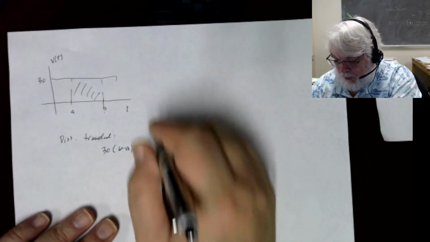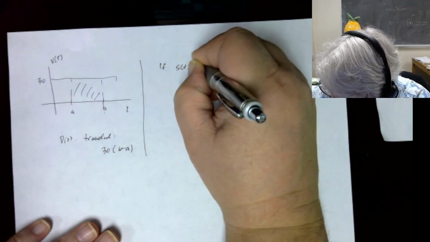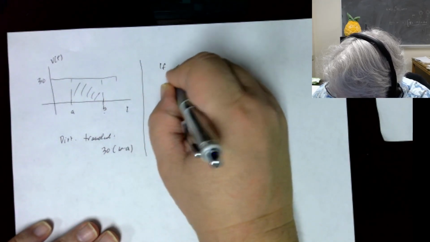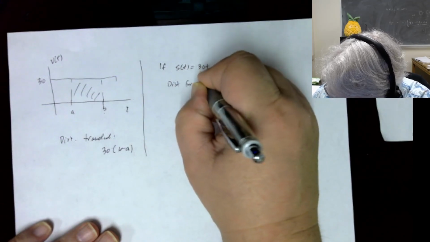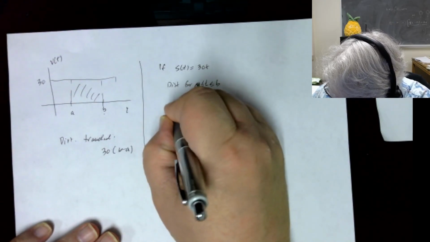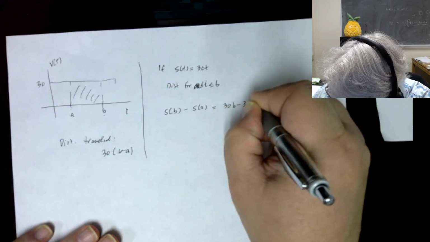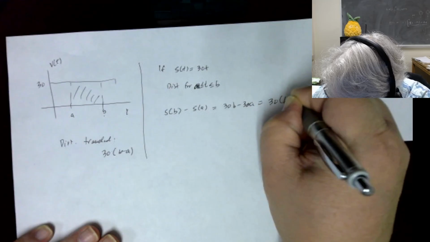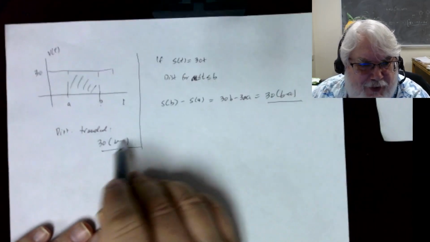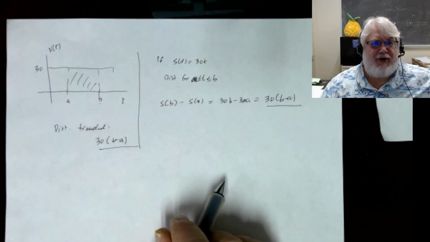Well, notice that that is the same thing: if s of t is 30 times t, then the distance traveled from time A to time B is just s of b minus s of a, which is 30b minus 30a, which is 30 times b minus a. And so these answers are the same. So you could actually use the antiderivative to compute your distance traveled. But we're going to talk about that a lot more in the next section.